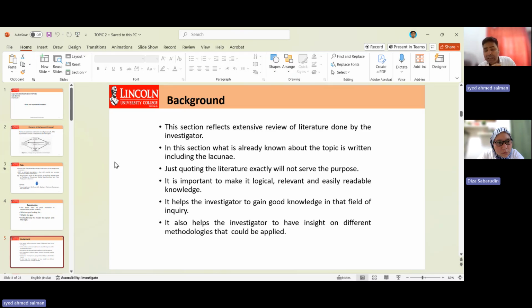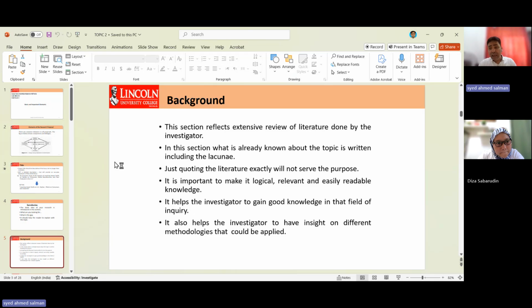So, what has been written on this particular topic, meaning that this topic has been written about in Malaysia, other parts, or already in Thailand, Indonesia, Korea, China, USA, United Kingdom, Saudi Arabia, Bahrain, Pakistan, India, Sweden.